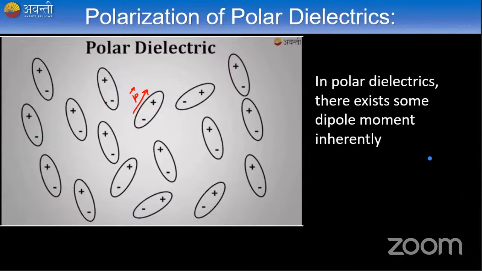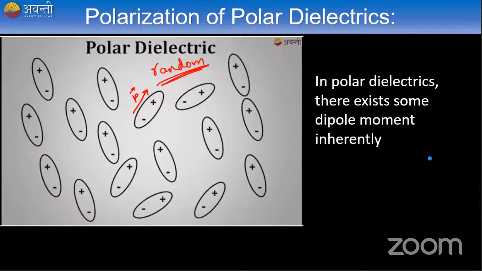Now you could see all the dipole moments are in random direction. Though they are inherently having some dipole moment, the direction of dipole moment is random.